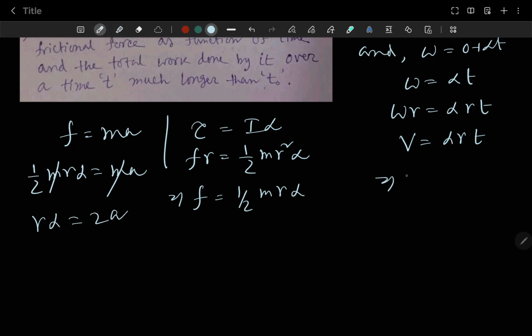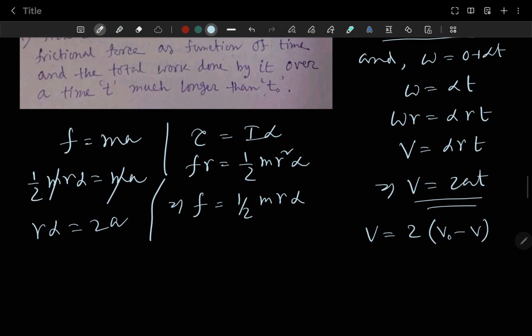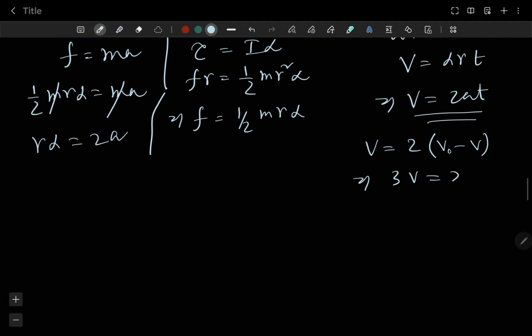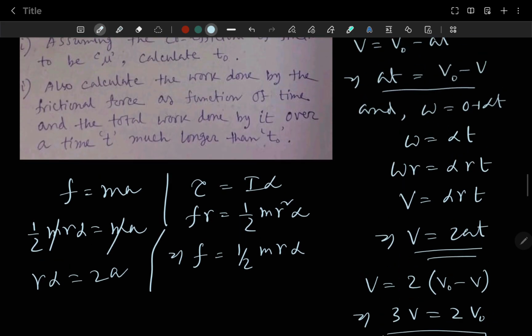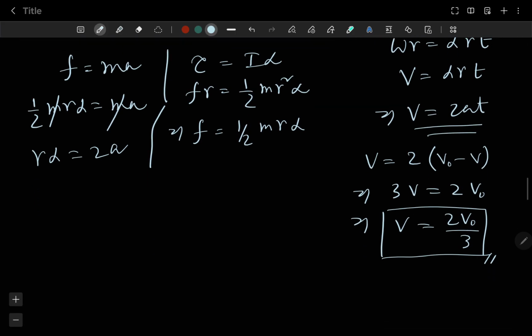Okay, so v here becomes 2a t. Now you put the value of at from here. So v equals 2 v0 minus v, so you get 3v equals 2v0, so v is 2v0 by 3. So the first answer comes. When it starts pure rolling, the velocity of center of mass v is given by 2v0 by 3.